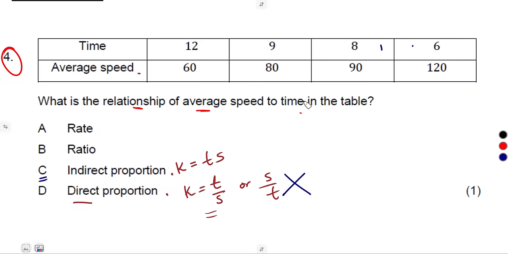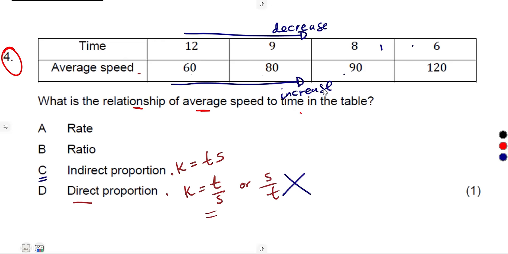Another way, as we can see, as we go that side, these values of time are decreasing: 12, 9, 8. That's a decrease in terms of the values. What is happening in terms of the speed as we go in this same direction? 60, 80, 90, these values are increasing.